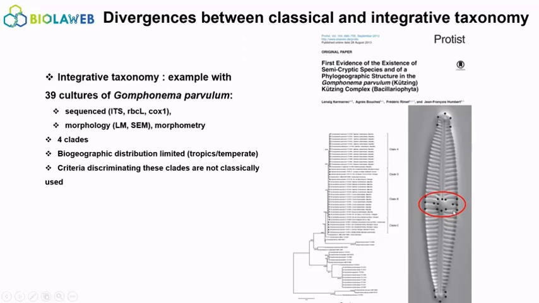When you open the classical books, Elena, tell me if I'm wrong. When you open the classical books to identify Gomphonema parvulum, we are not looking at that. Daniela, tell me if I'm wrong, but usually we are counting the numbers of stria. We are looking at the width, the length, what else?